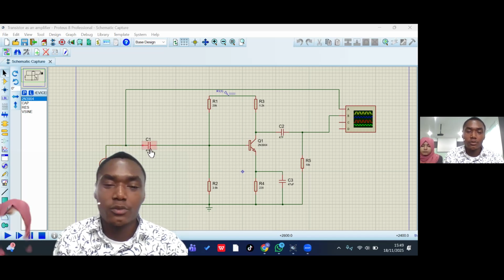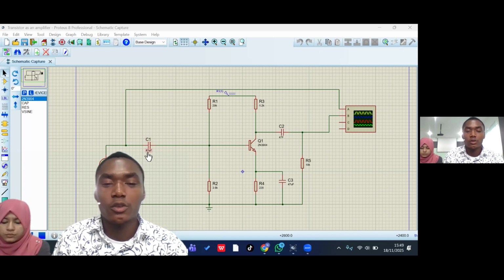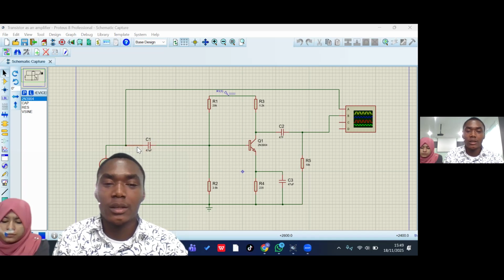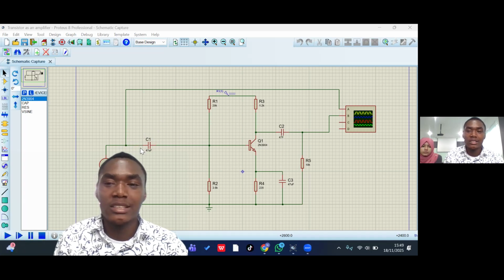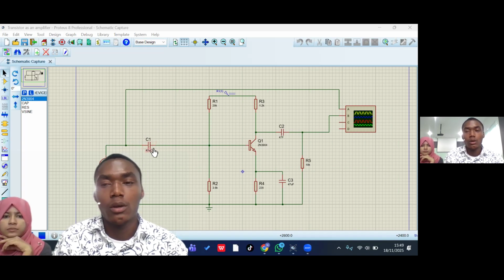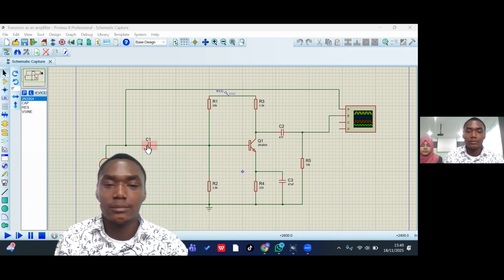That signal will pass through this C1 capacitor, which has 47 microfarad. This will act as a coupling capacitor. It will block the DC from passing through it, while it will allow the AC to pass.